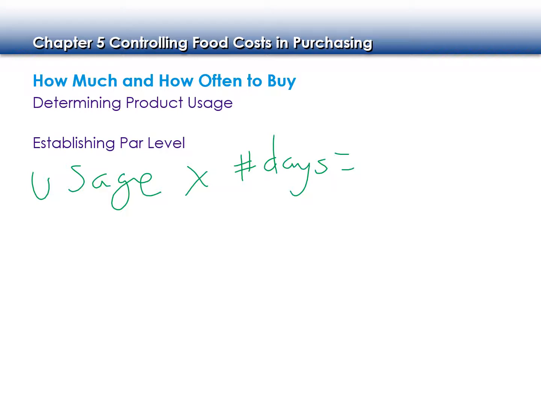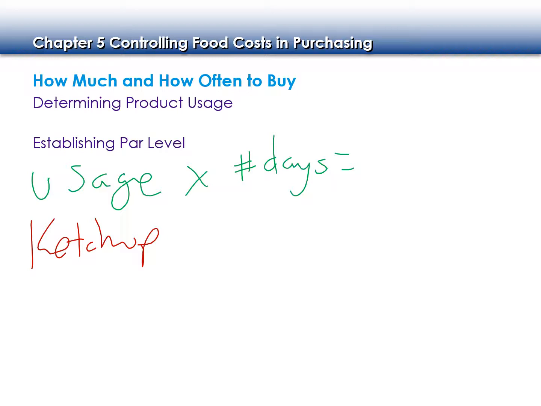Okay, we're a burger place. How many bottles of ketchup do we use per day? If we're a burger place, all we sell is burgers and fries. How many bottles of ketchup do you think we might use a day? 20. 20 bottles of ketchup, okay.